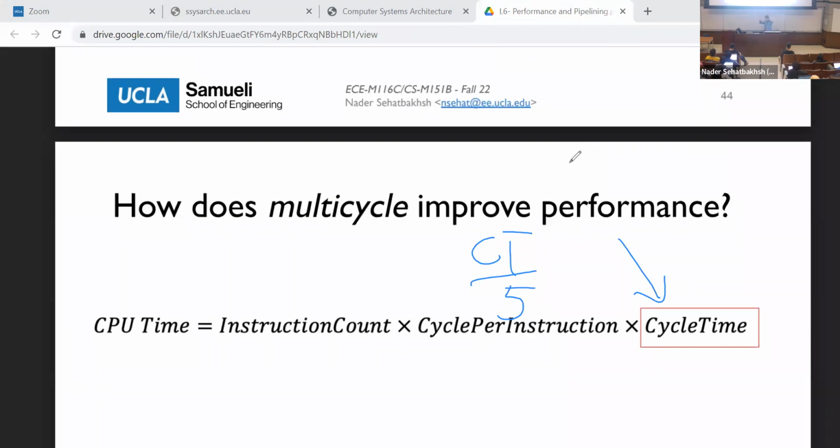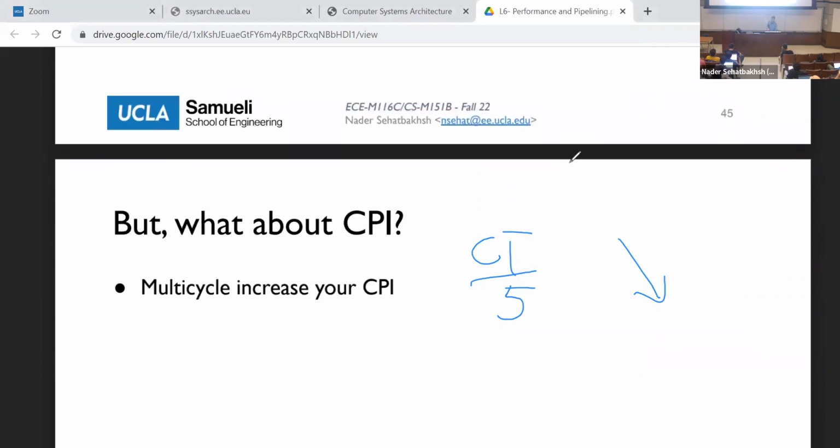If we do a really good job, which in reality we usually don't, in the ideal scenario our CT becomes CT divided by 5. So we basically improve our CPU time by a factor of 5, assuming that everything else remains the same.